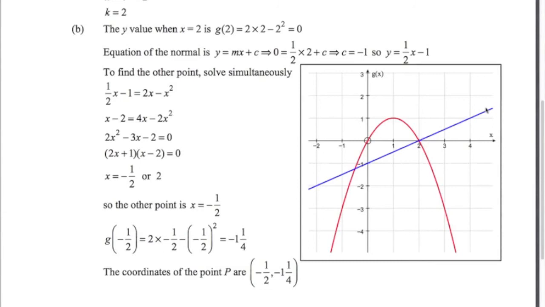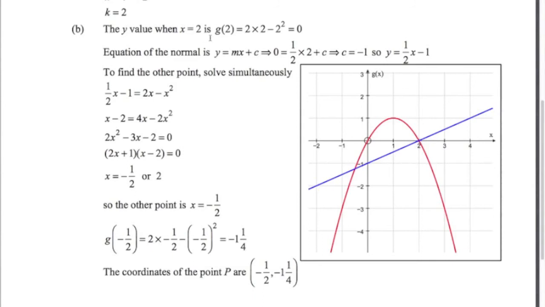Remember, to find the equation of a line you need two things: the gradient of the line and a point on the line. The gradient, we're told in the first part of the question, is a half. We know a point on the curve, we at least know that the x value is 2. So what's the y value?